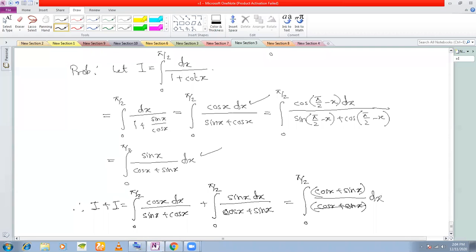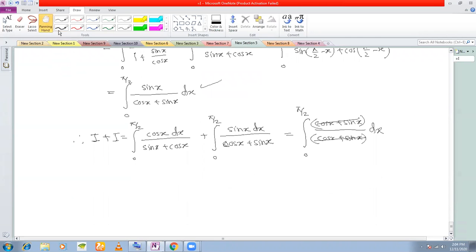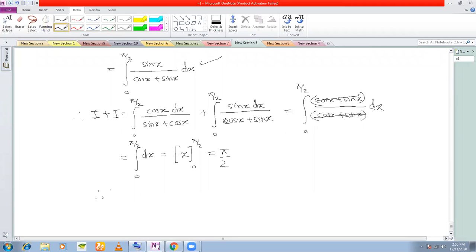This and this cancel out. So we simply get integral 0 to pi by 2 dx, which is x evaluated between 0 to pi by 2, which is pi by 2 minus 0, which is pi by 2. Therefore, 2I is pi by 2. That means I is pi by 4.